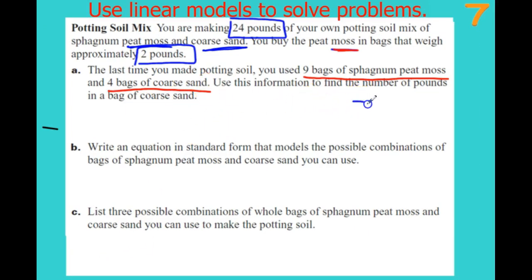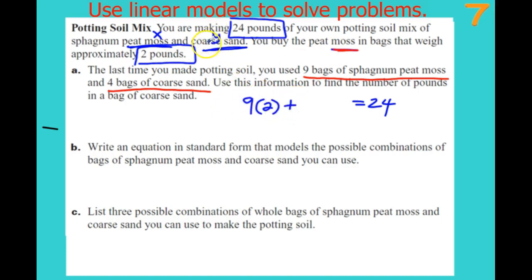So we know total of 24 pounds. And I'm going to say here that the peat moss is represented by X and the sand is represented by Y. So we have peat moss, and we got 9 bags of peat moss that each weighed 2 pounds. So 9 times 2 for each 2 pounds.